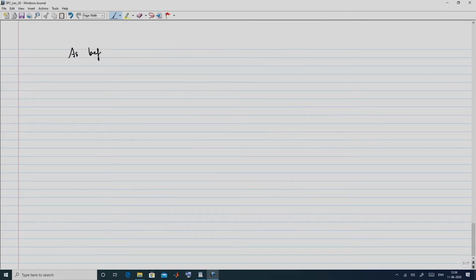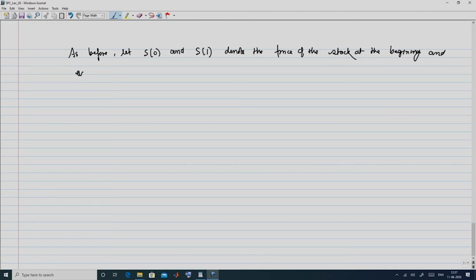So, as before, we are considering a single period model. Accordingly, let S0 and S1 denote the price of the stock at the beginning and end of the period 0 1.